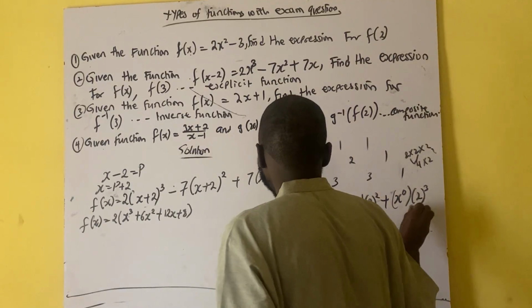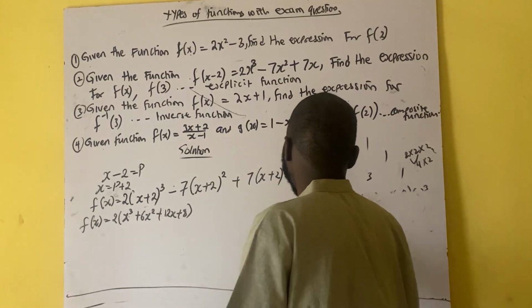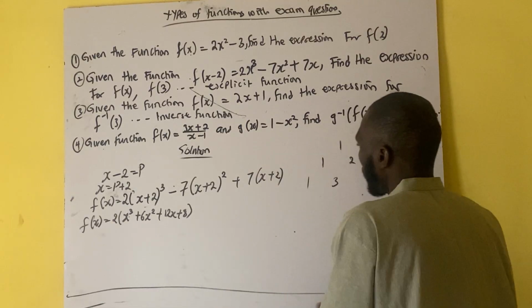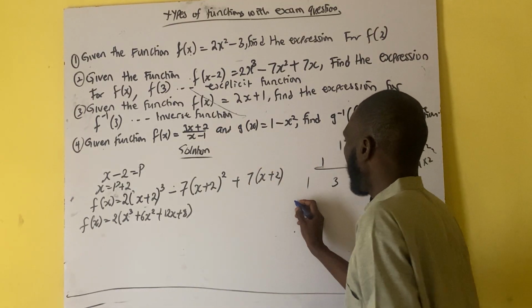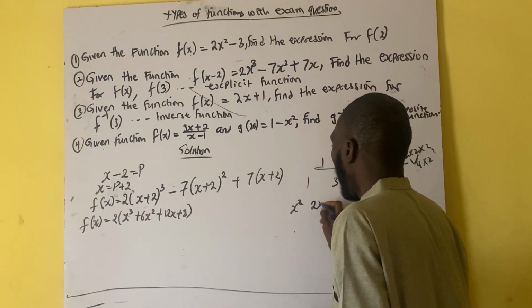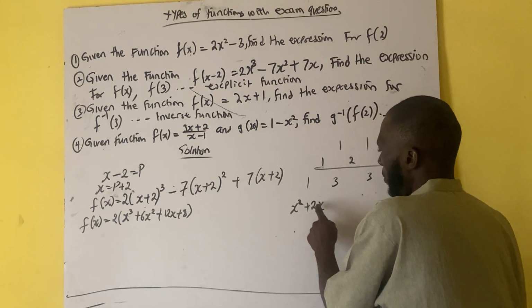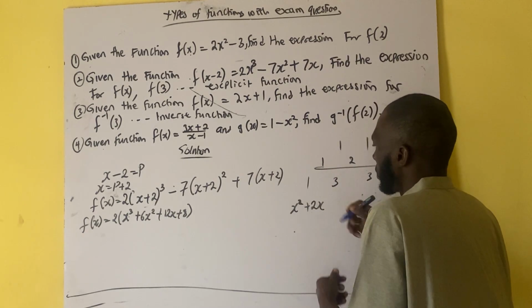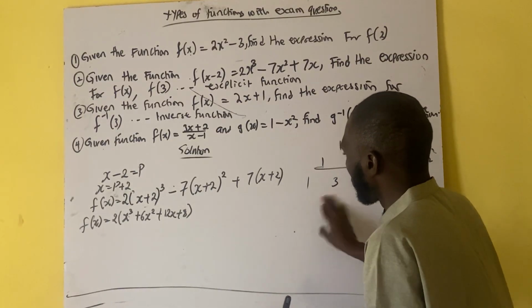Then followed by, if I now have it in terms of square here, now look at the square that is there now. I'm going to use this second line here. So that means that if I have x square, 2x, are you following now? So I'll be having 2x, and let me explain like this for you.